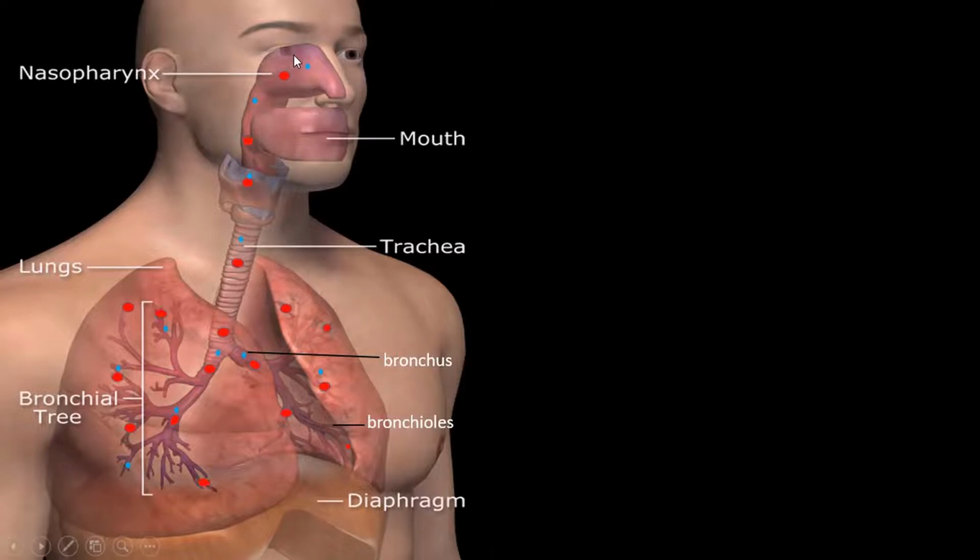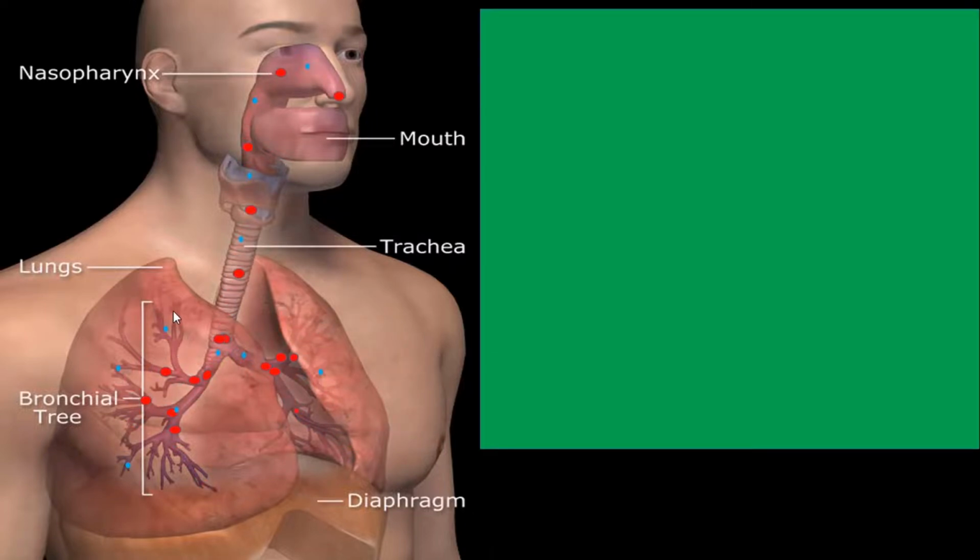The air flows from the nose through the windpipe, or the trachea, through the bronchus and the bronchioles up to the lungs, and inside the lungs there are millions of air sacs, also known as the alveoli.